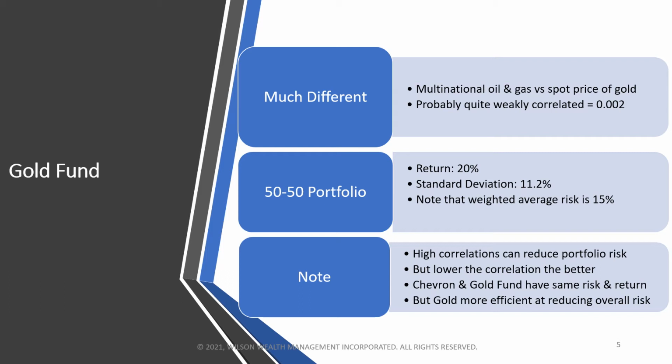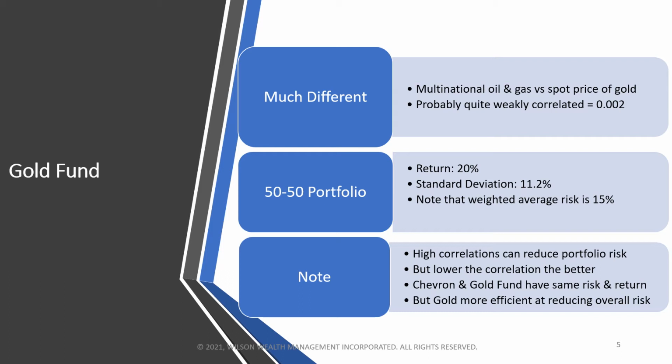Here, if we take a 50-50 portfolio, we again have the same return at 20% because we had assumed 25% return in the gold fund. But we see the impact of having a weakly correlated asset. On the face, the gold fund and Chevron had identical standard deviations.